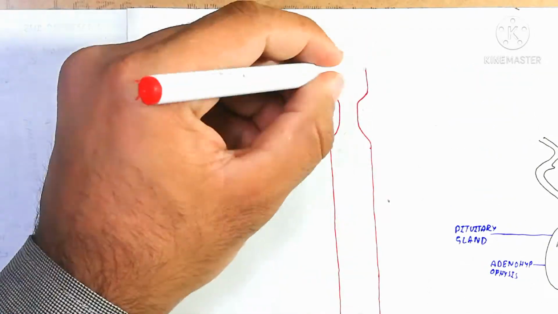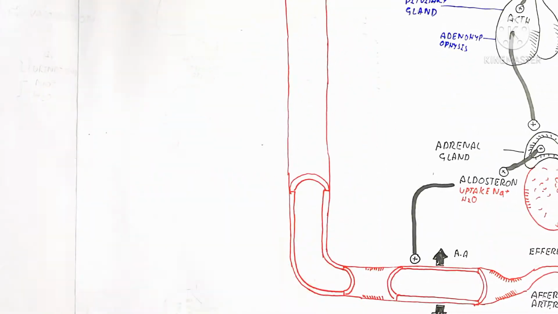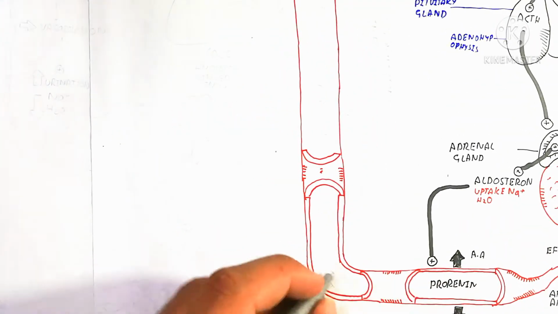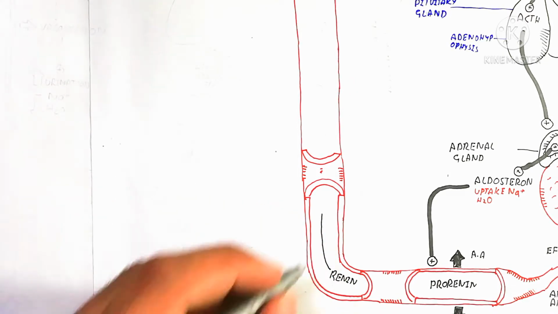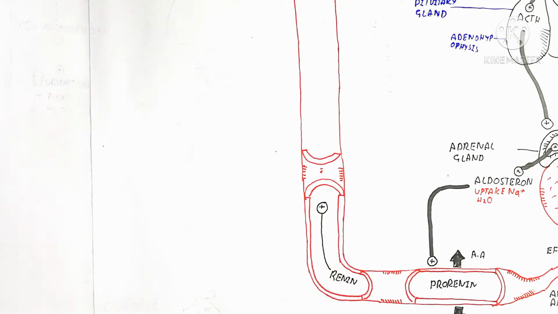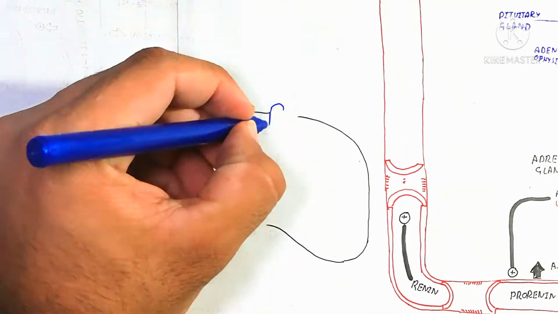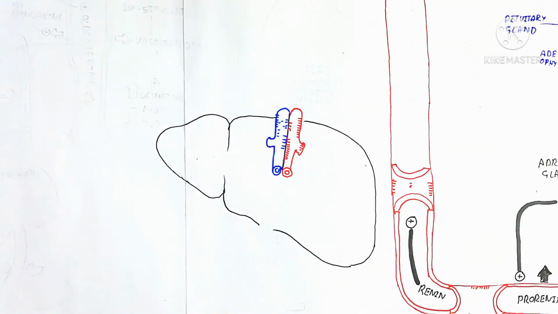So that is the blood vessel. I am extending the blood vessel of the efferent arteriole. Sorry, that is the efferent arteriole which I am drawing. But basically you should understand about these things. So that is the efferent arteriole.